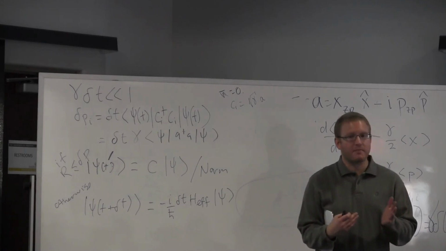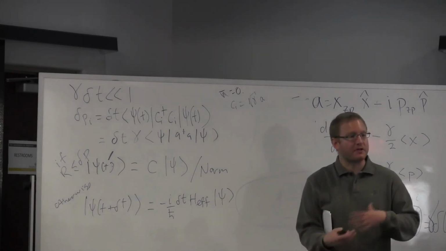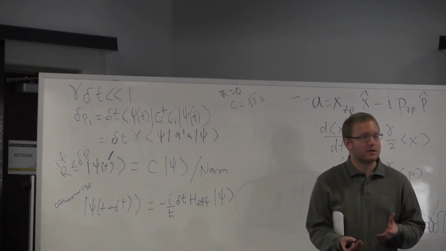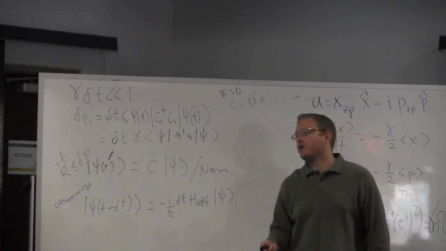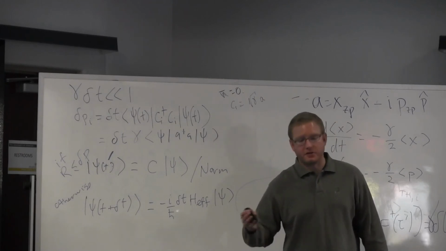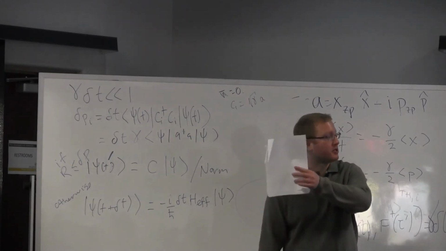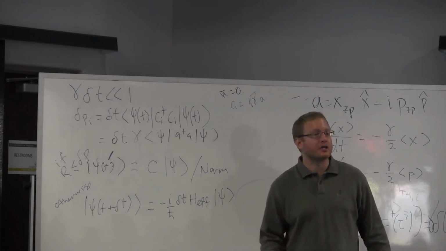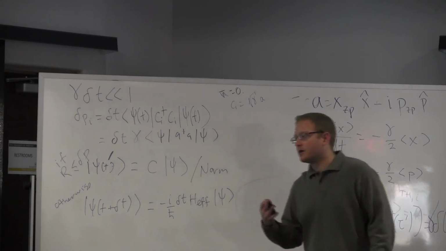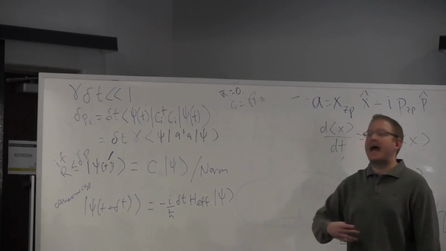So for a large system, each time step I'd have to do n squared calculations, which would be very slow. If I do a Monte Carlo evolution with a single wave function, that's only an n-dimensional space, right? And so I can get away with a lot fewer calculations per time step, and then I just average.